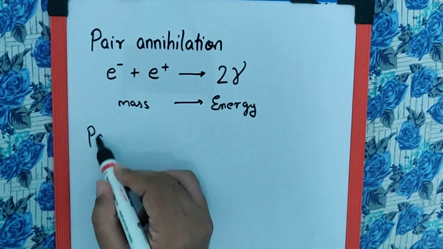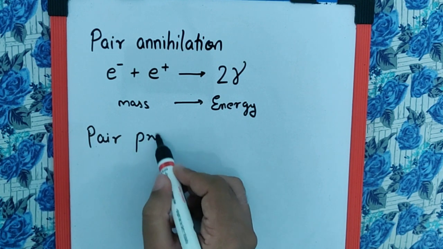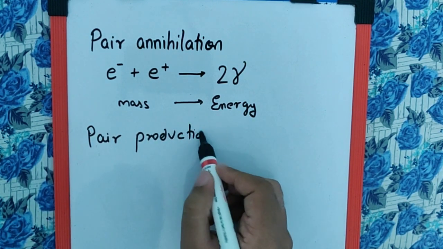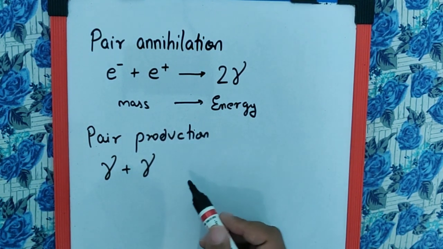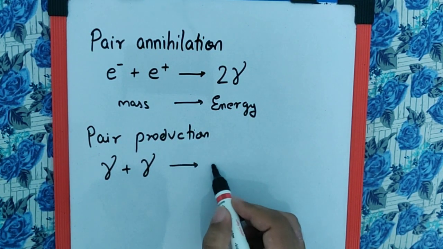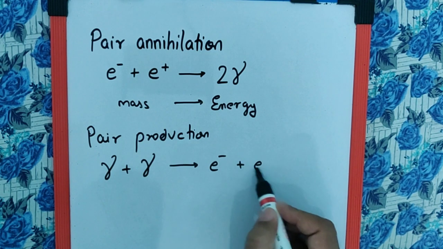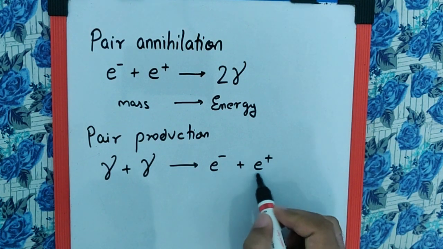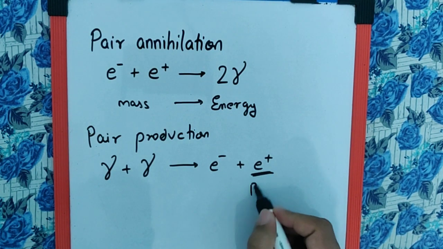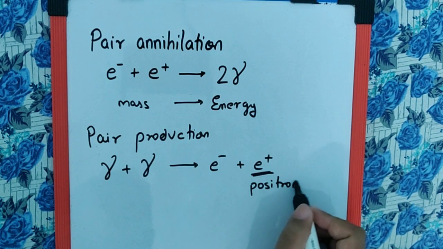The vice versa process is called pair production, in which 2 gamma ray photons merge in such a way that they produce mass in the form of matter and antimatter, which is an electron and a positron. Please remember, positron is the antimatter of the electron.